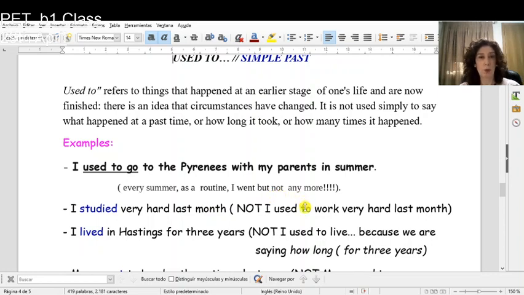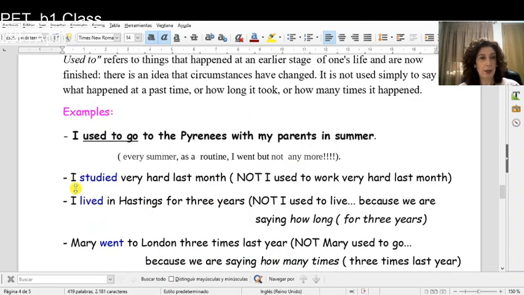Then used to. Another example, in blue color, then only simple past. For example, I studied very hard last month. Well, it's not a routine. It's something that happened in the past. Don't use "I used to work very hard last month." Or I lived in Hastings for 3 years.